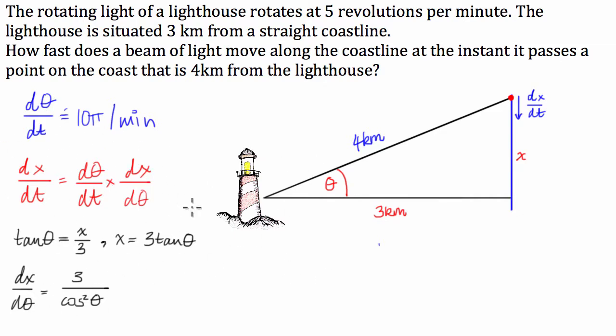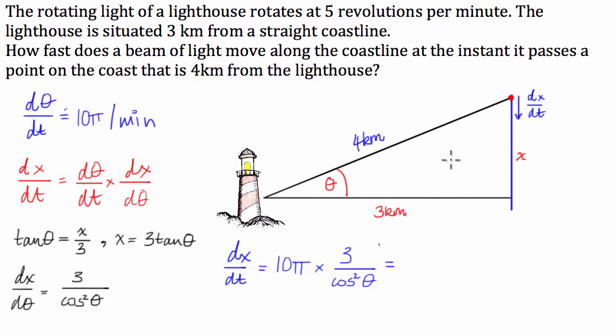Okay, so I'm going to change color, make it easier to understand. What have we got? Let's just go straight back to blue. So I'm going to say that dx dt is equal to d theta dt, which is 10 pi, multiplied by dx d theta, which is 3, divided by cos squared theta.